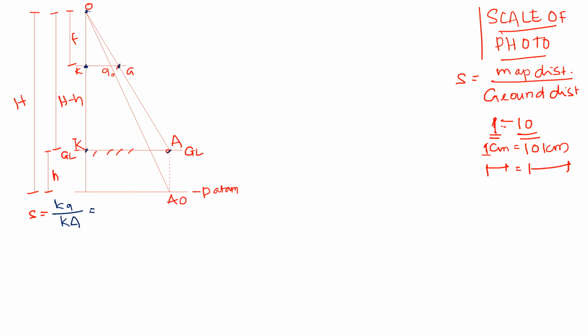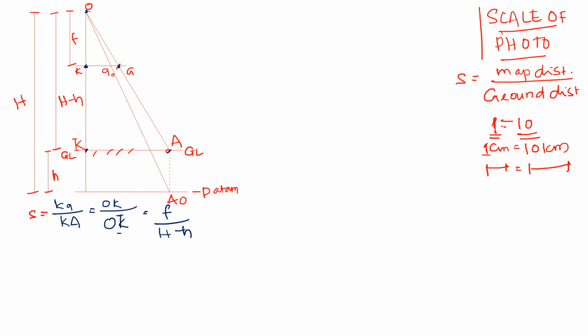So from the similar triangles, I'll plot this as OK divided by OK capital. What is meant by this? OK is nothing but f, and this is nothing but H minus h.